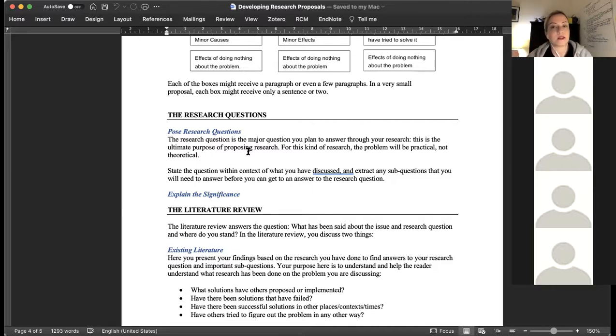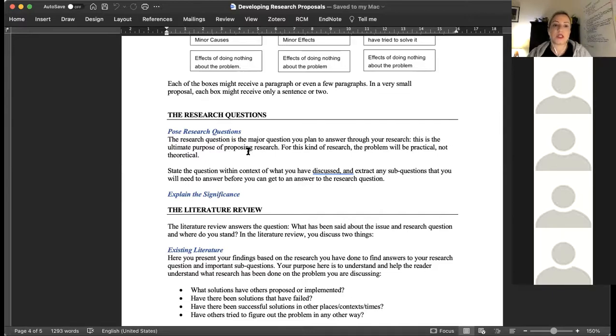If you want to address theoretical engineering problems, then you do not use technical reports for those. So the research question is the major question you plan to answer through your research. This is the ultimate purpose of proposing research, and make sure that the problem is practical, not theoretical.